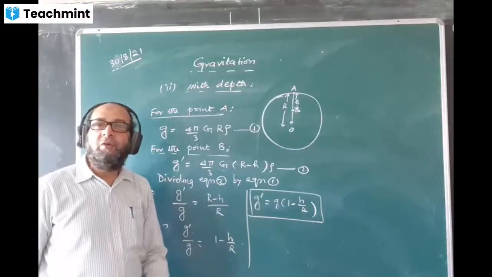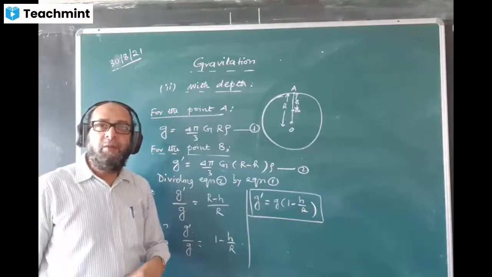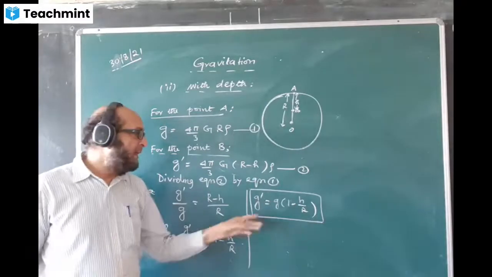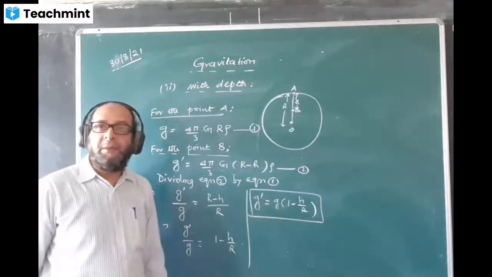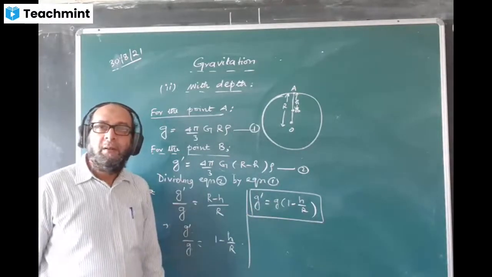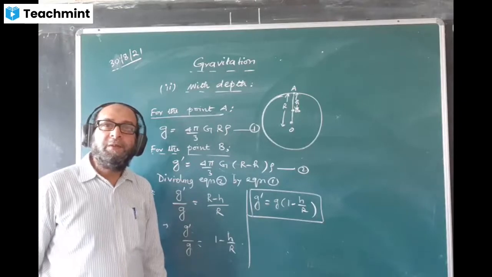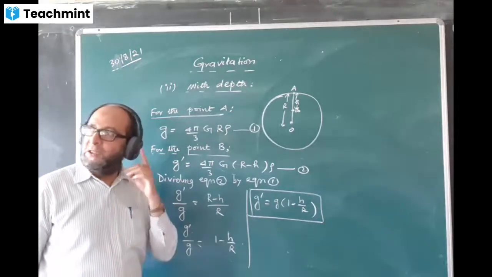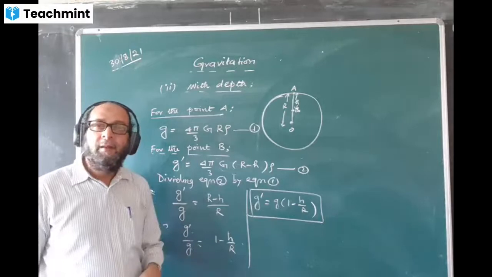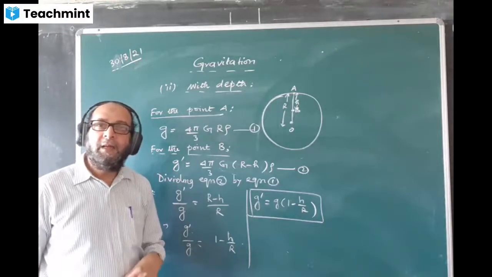What conclusion do you draw after having this formula? The value of G decreases or increases? What happens to the value of G? Is it increasing or decreasing?